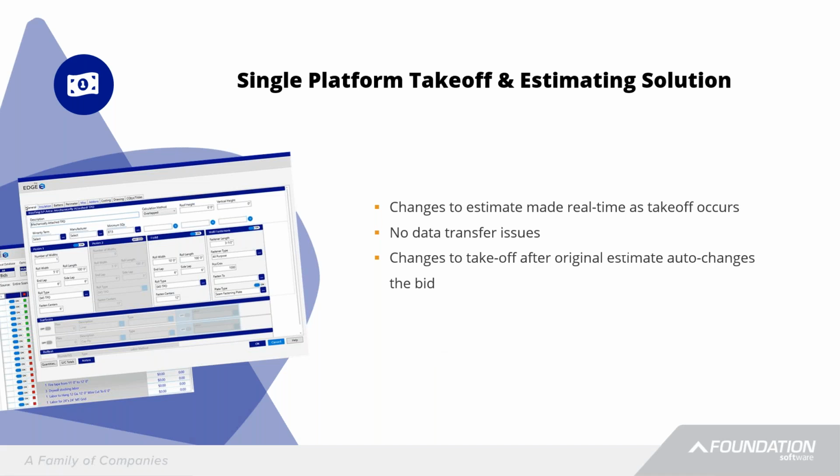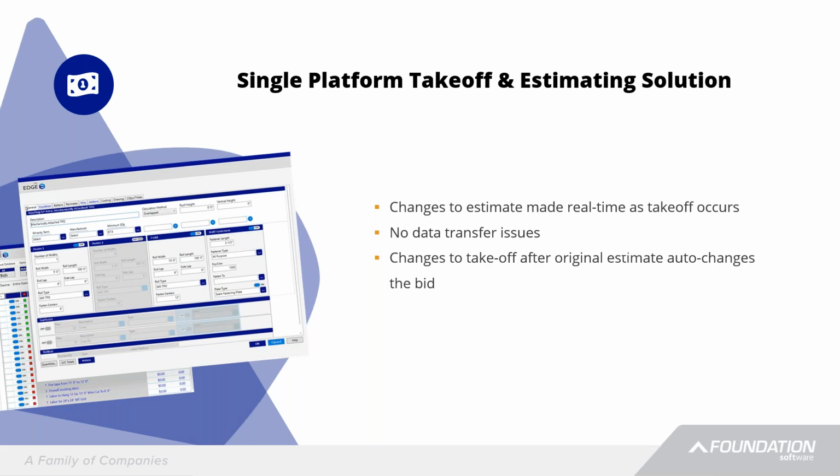The thing that I talked about with the Edge being an all-in-one system, not two separate softwares for takeoff and estimating, is about the changes being made to the estimate real time as you're doing your takeoff. You can have your estimate on another screen and have your takeoff on a second screen, and you'll see the actual quantities for your materials update as you're doing your takeoff.